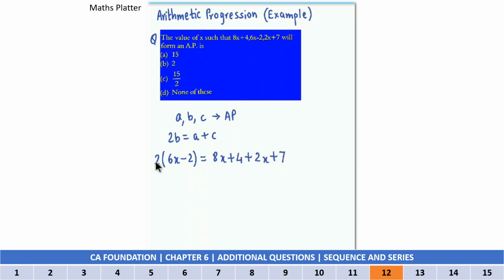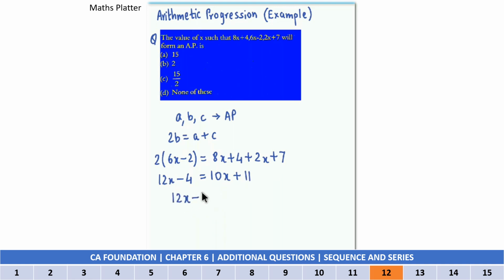Now we simplify this equation. Here we obtain 12x minus 4 is equal to, now 8x plus 2x, so that is 10x, plus 4 plus 7, that gives 11. Now we subtract 10x on the left hand side.